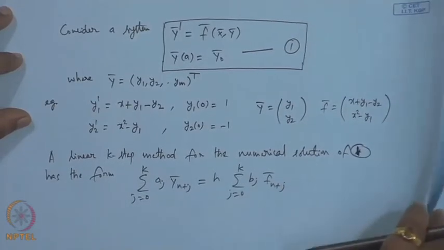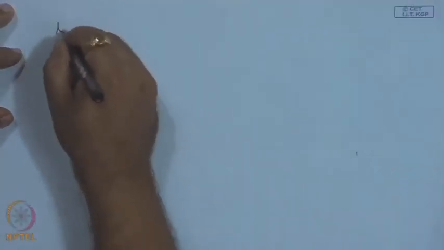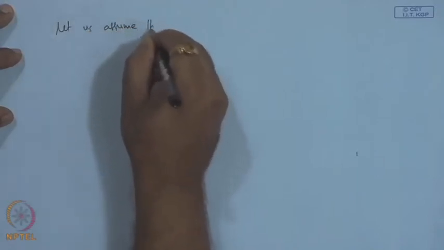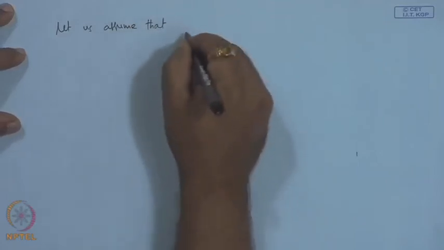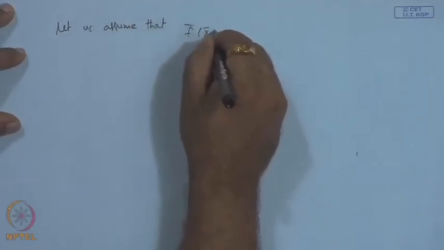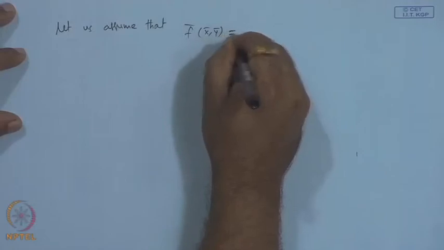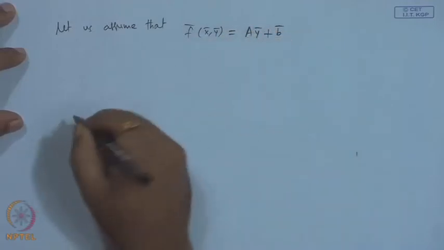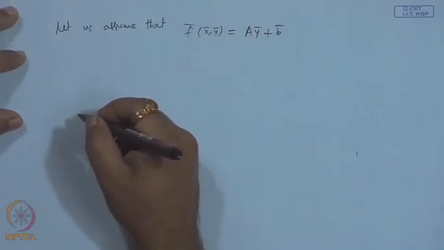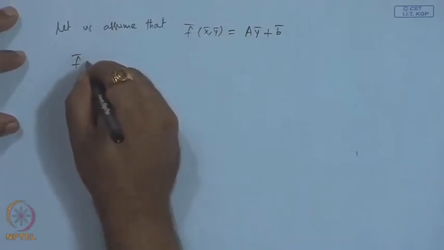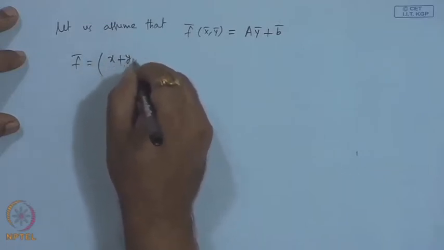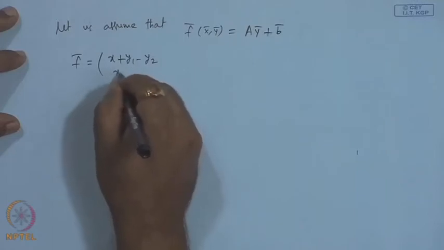Okay. So, now let us assume that this f vector is of this form. So, for example, f bar is x plus y 1 minus y 2.